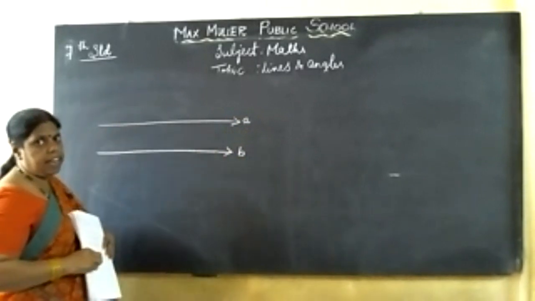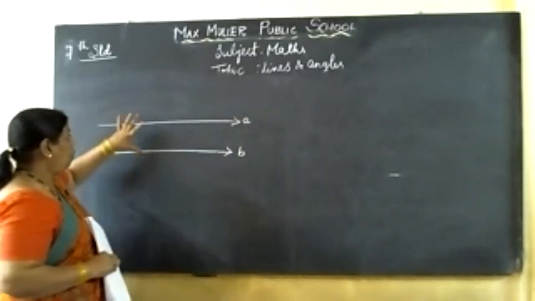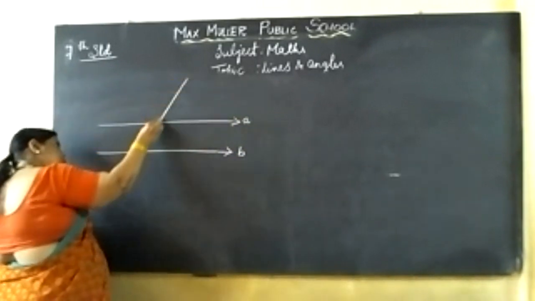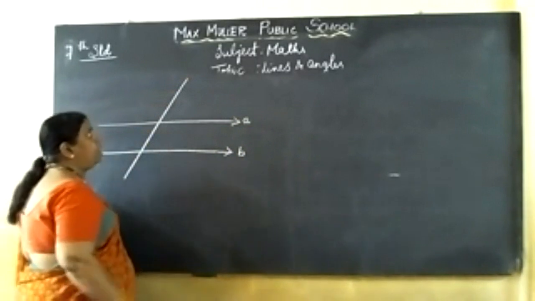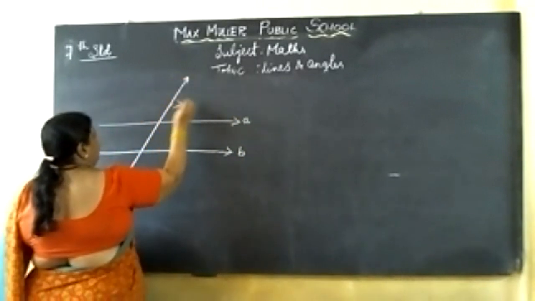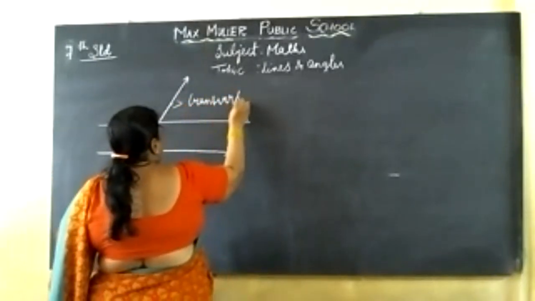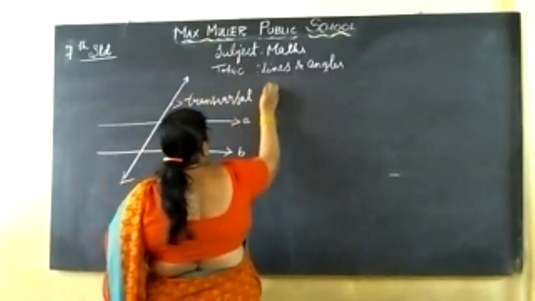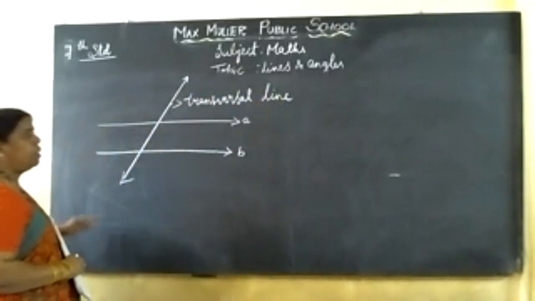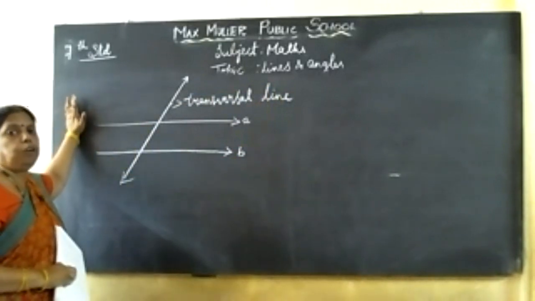So when another line passes through these parallel lines, this is called a transversal line. This one is very, very important for you.